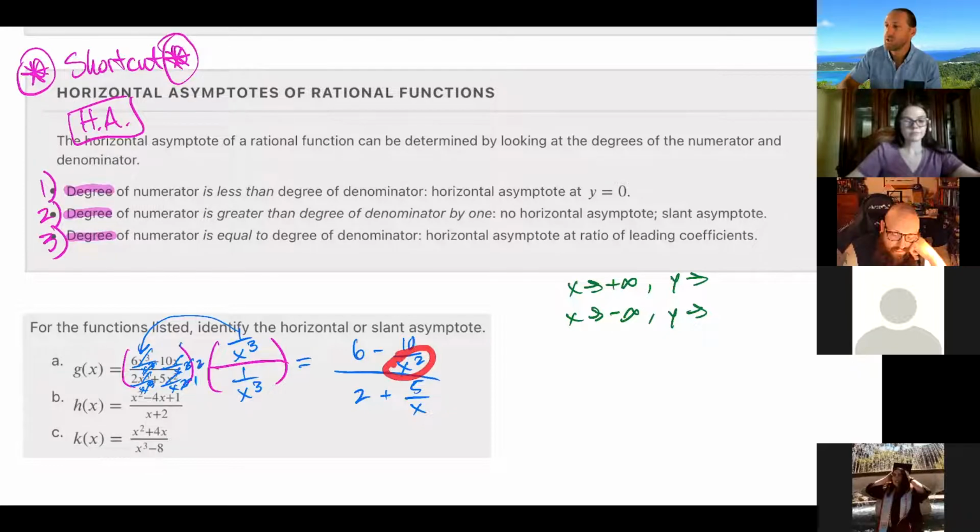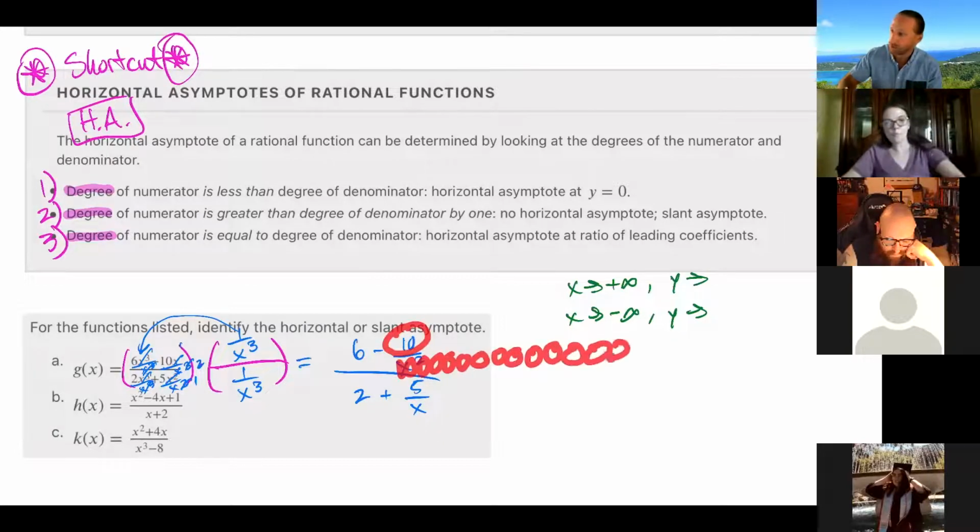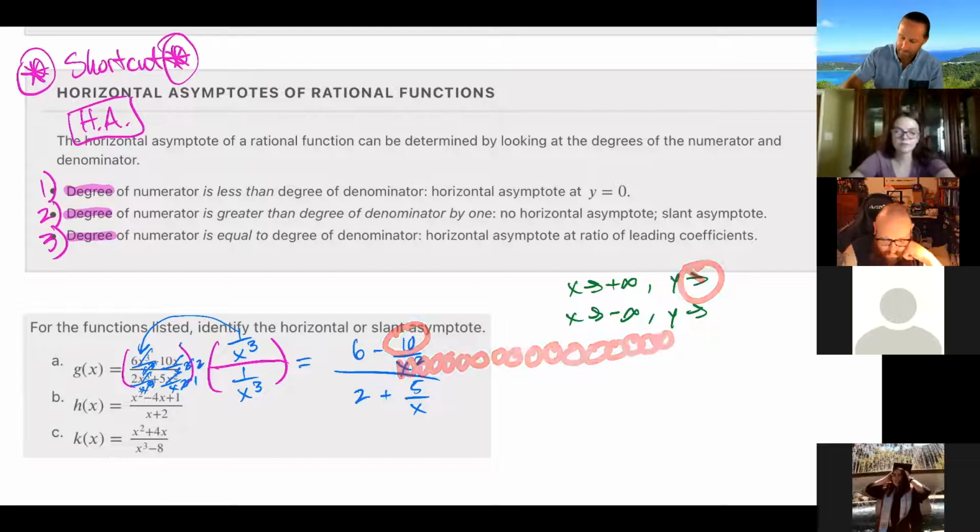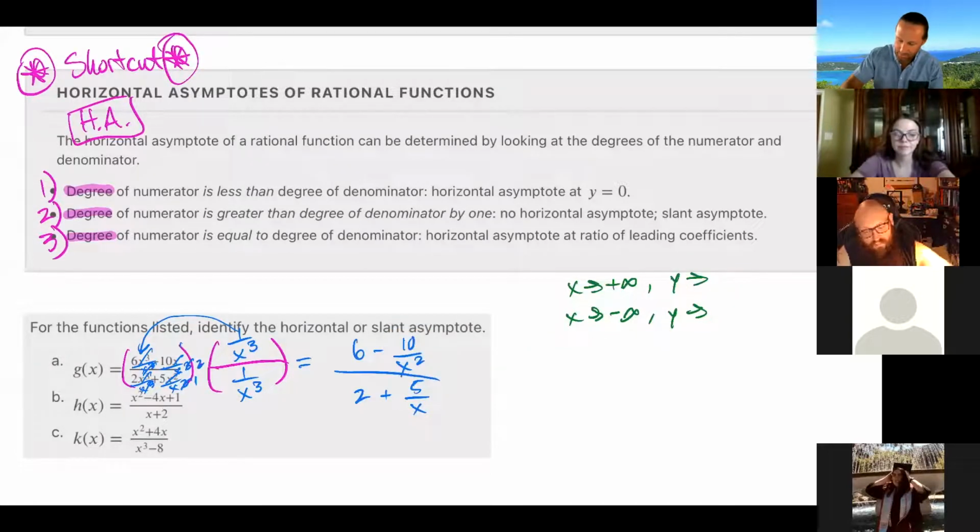What's a really, really big number squared? It's even bigger. And what happens when we take a 10 and divide it by a really, really, really big number? What does it approach? 0. Very good. Excellent. So this is just going to go to 0.